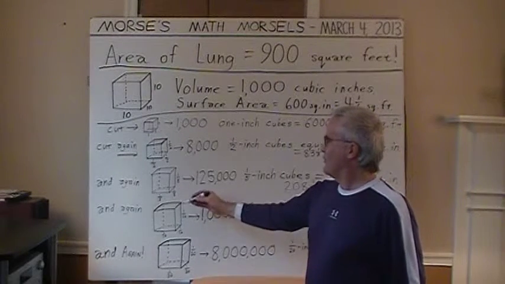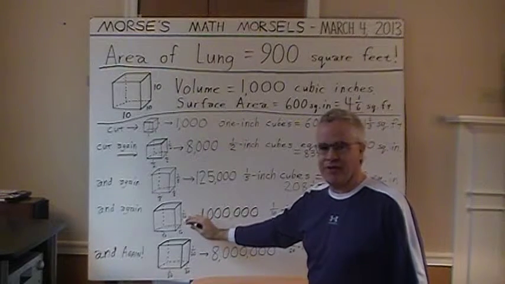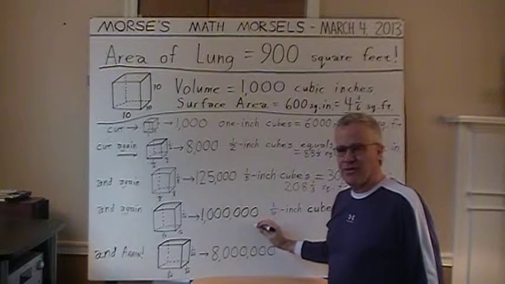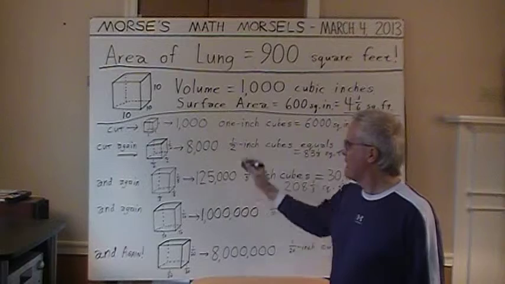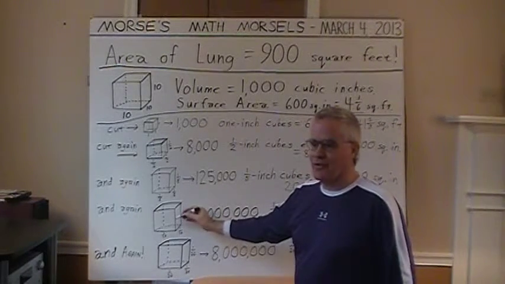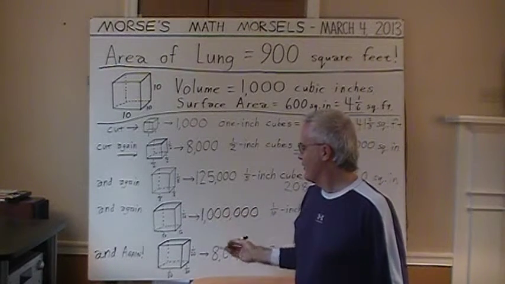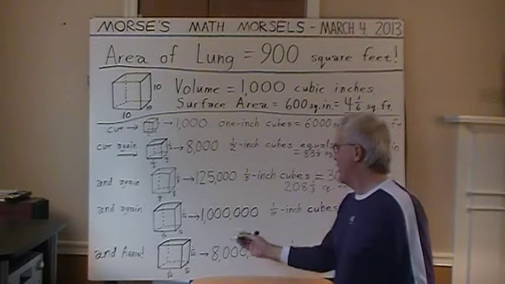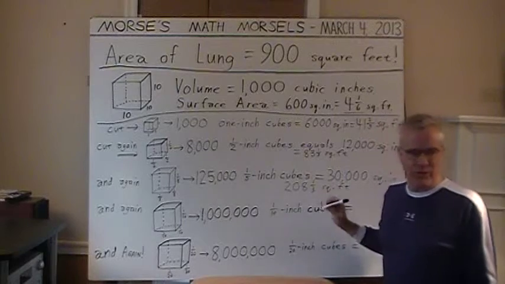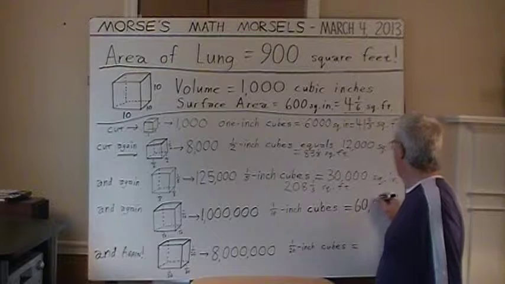But let's continue dicing and slicing this big cube into ever smaller ones, this time 1/10 of an inch on a side. And it'll take 1 million of those 1/10 inch cubes to make up the large cube. And even though each of these tiny cubes has a total surface area of only 6/100ths of a square inch, or 3/50ths of a square inch, there are so many of them, 1 million of them, that their total surface area comes out to 60,000 square inches.